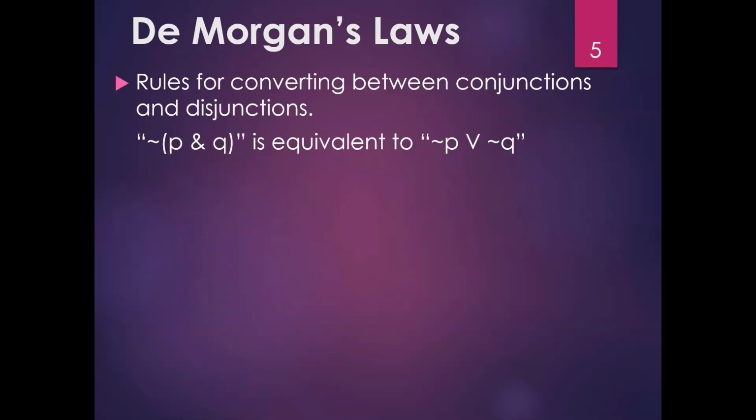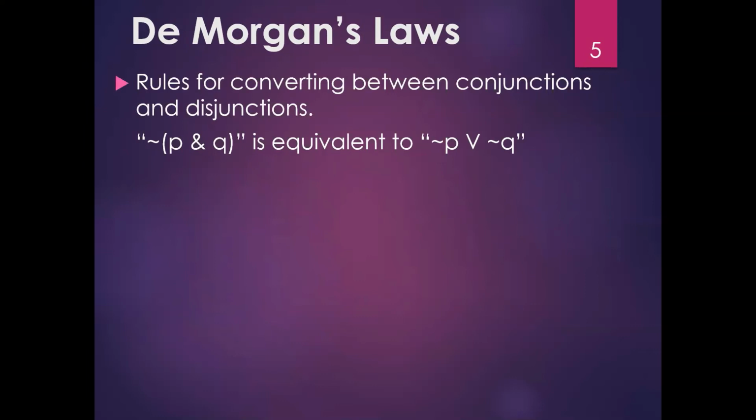Not the case that P and Q, well, that's the same as saying not P or not Q. So if it's easier to understand one way than the other, you can just swap those. These are laws that allow for logically equivalent sentences to be expressed in different ways.